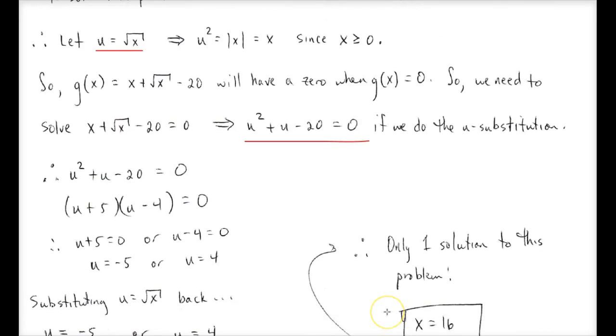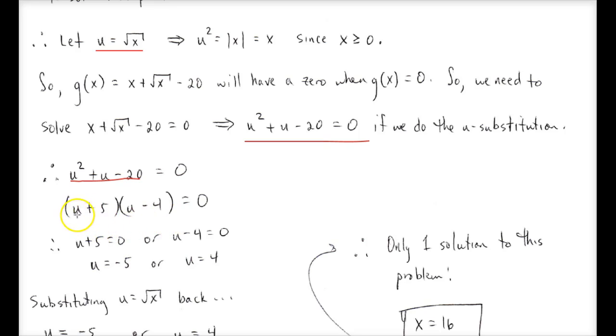From that point, we gain simplicity by being able to solve the quadratic equation in terms of u, but what we have to pay on the back end is that once we get an answer for u, we have to substitute in what u was in terms of x, which is square root of x. Okay, so if we factor the expression on the left side of this equation, it factors to u plus 5 times u minus 4.